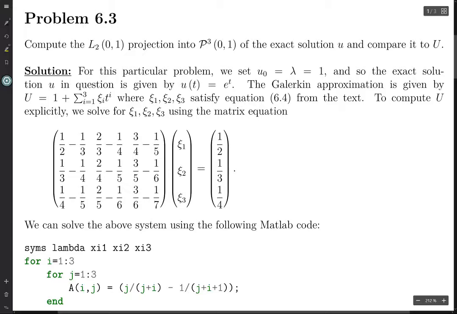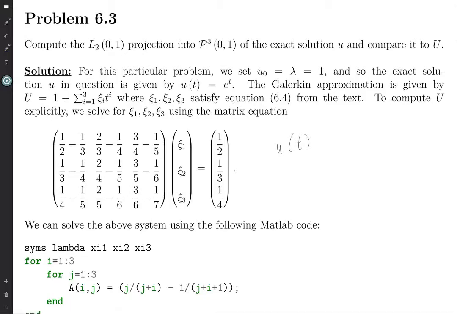What they're actually asking for is specific values u0, because at the beginning of this chapter we have in general u(t). This method works for any L2 function u.